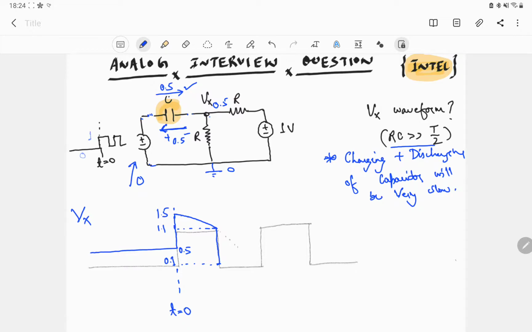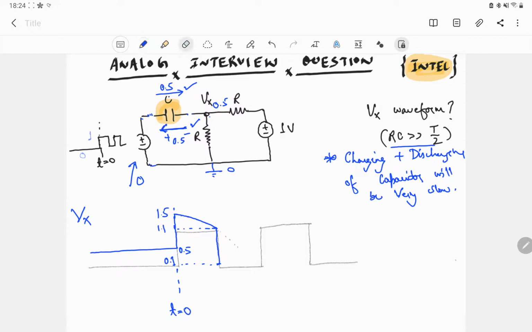Now again let's see the charging and discharging of the capacitor. So the voltage is 0.1 right now, in the direction of this one. This is the most recent one, the voltage across the capacitor.